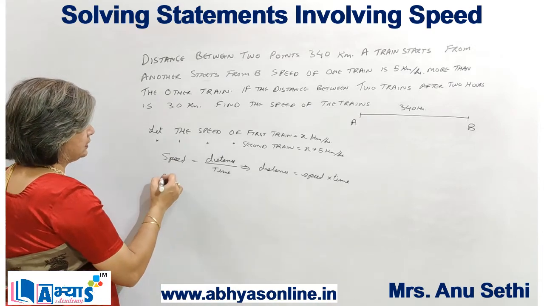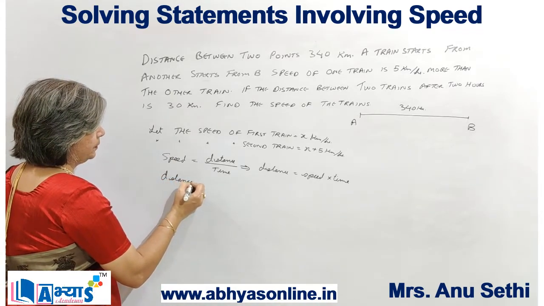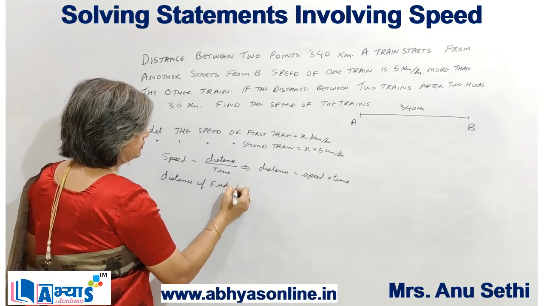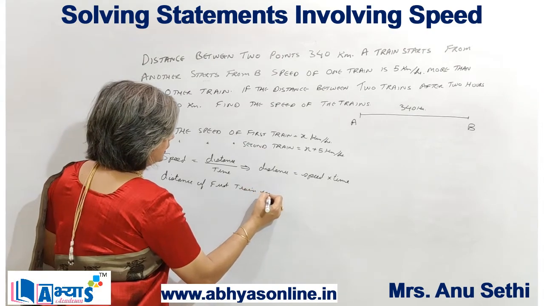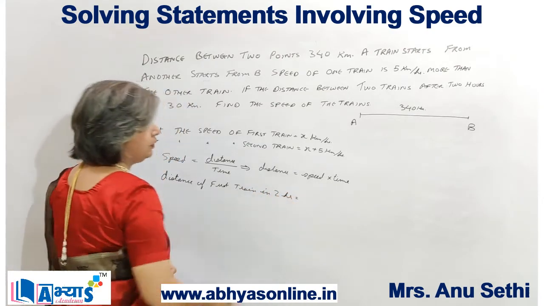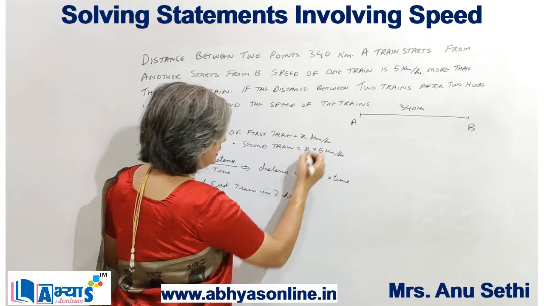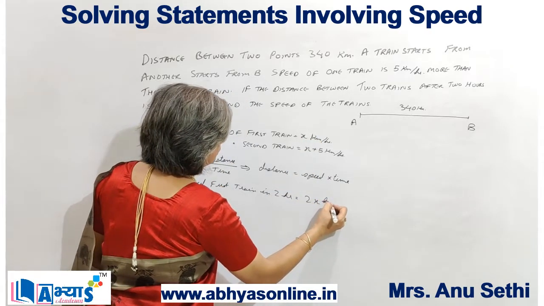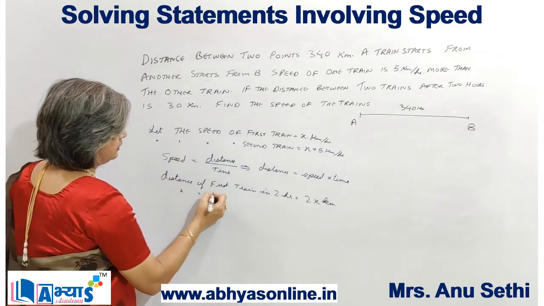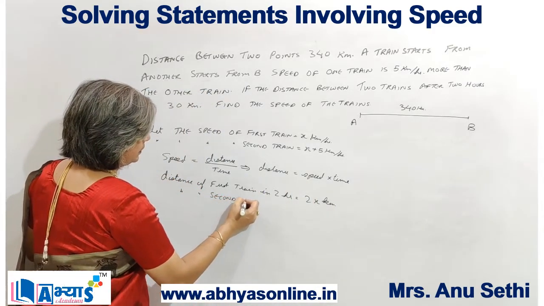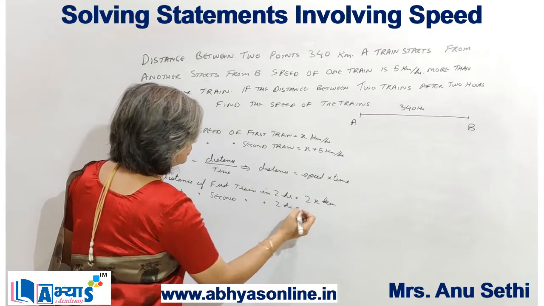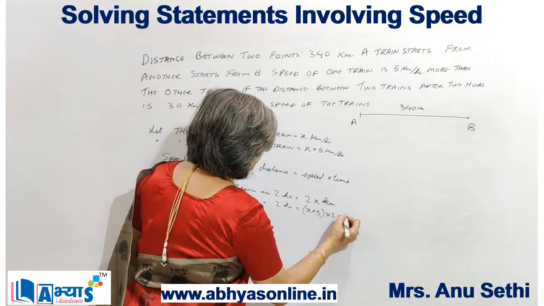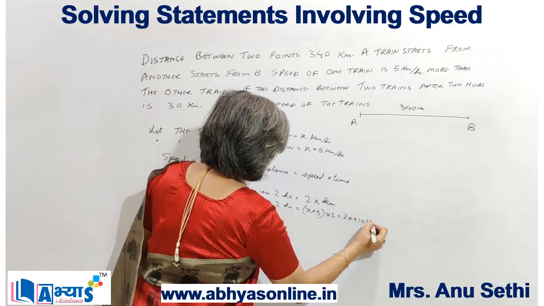So we will find the distance of first train in 2 hours. It will be equal to speed into time. That speed is x and time is 2, so it will be 2x kilometers. And the distance of the second train in 2 hours will be, now the speed is x plus 5 into 2, that means 2x plus 10 kilometers.